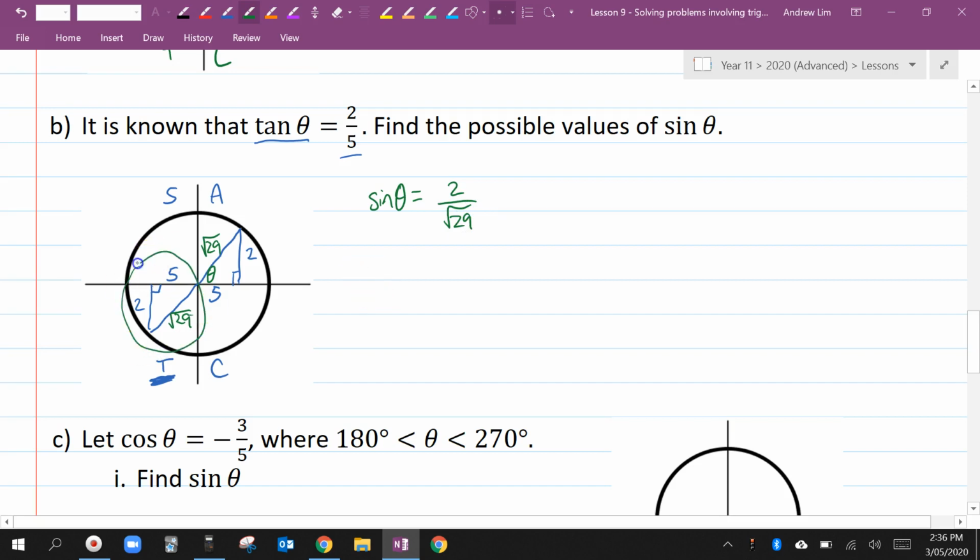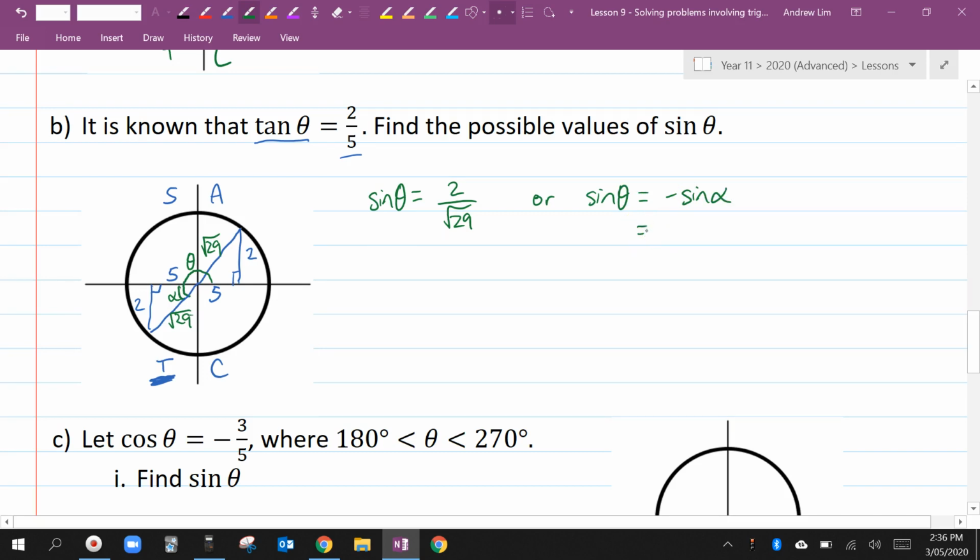Now let's look at the third quadrant. If, however, theta was this angle, and therefore this is alpha, sine of theta will equal, in this quadrant, negative sine of alpha.